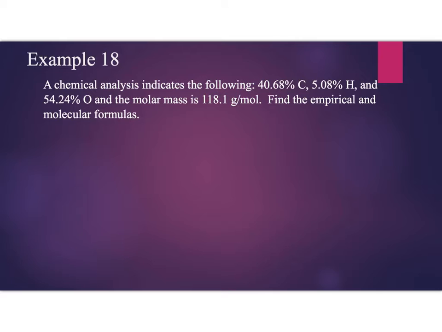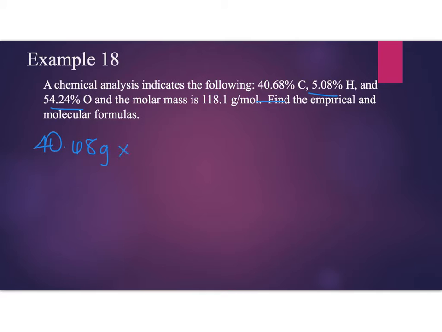For the empirical formula, if you remember, we take each of these percentages, assume that they're grams, and convert them over to moles. So I have 40.68% carbon, and that turns into 40.68 grams.